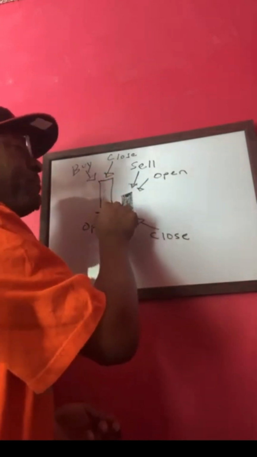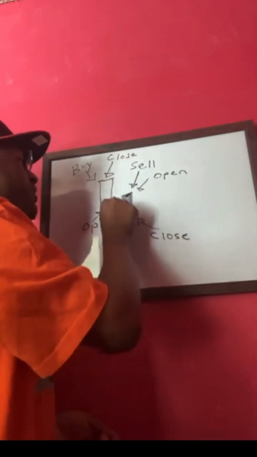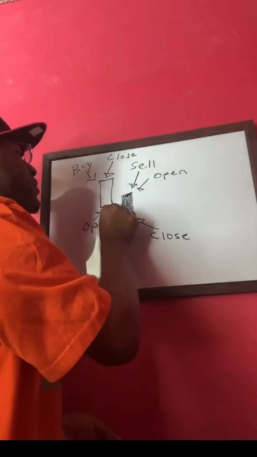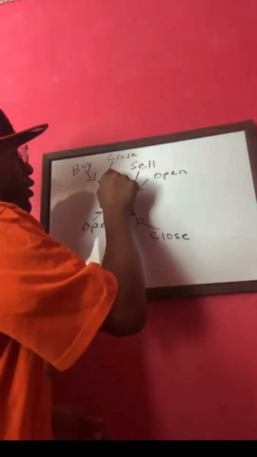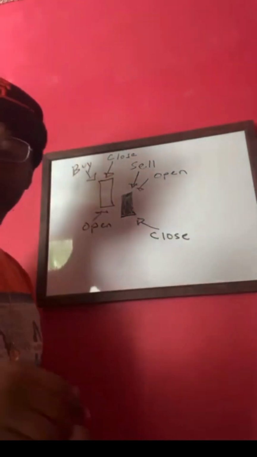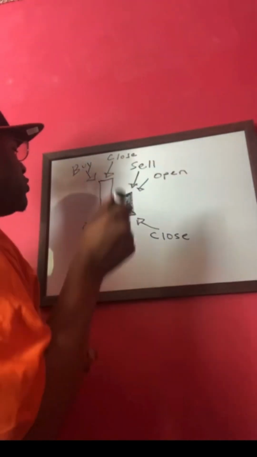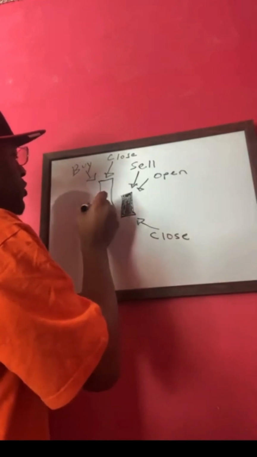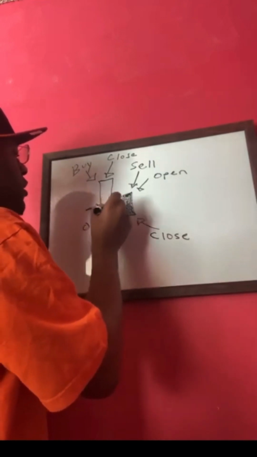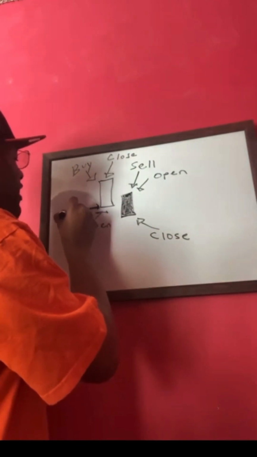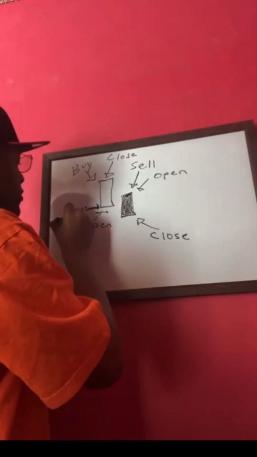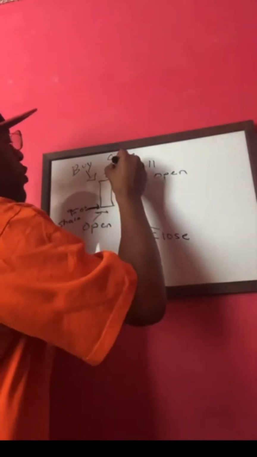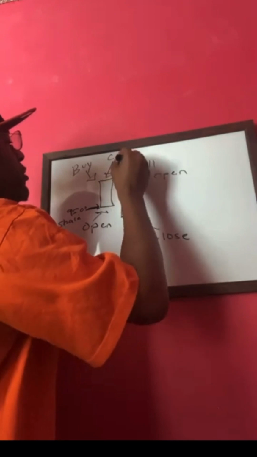So let's say hypothetically, if during the day it went up $10, the close would be $105. Your open price would be $95 per share, and your close price would be $105 per share.